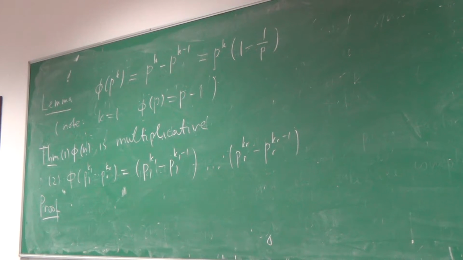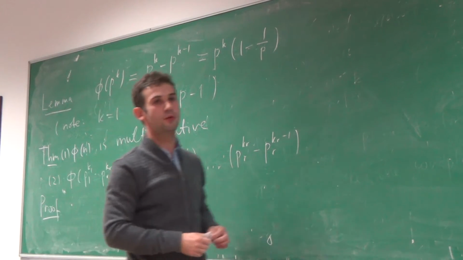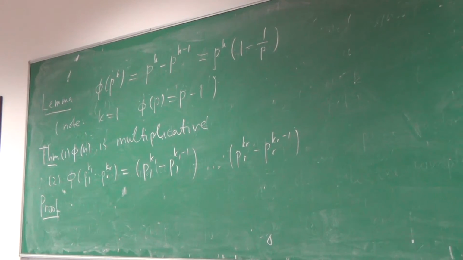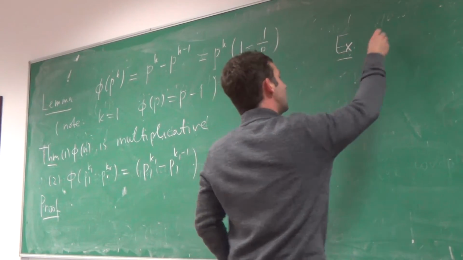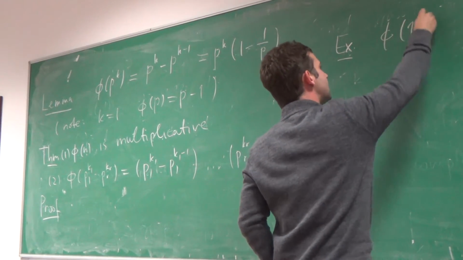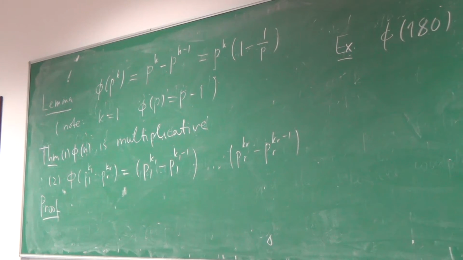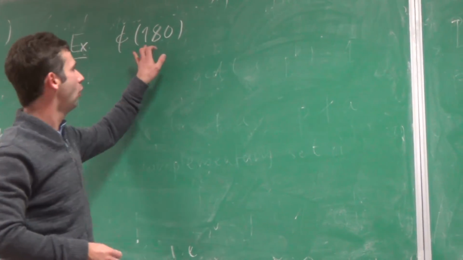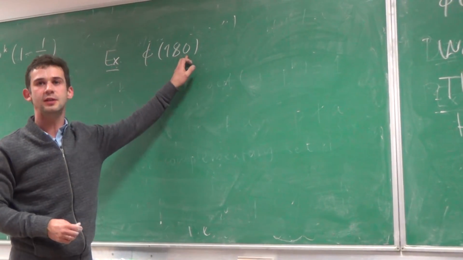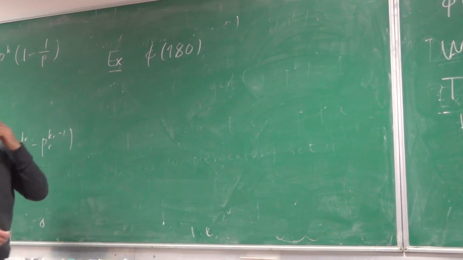Okay, and so how do we prove this? Or maybe again, before proving this, let's make an example. Just like yesterday we did sigma and tau of 180, we can do phi of 180. It would be quite a lot of work to list all integers from 1 up to 180 and look at those which are coprime to 180.